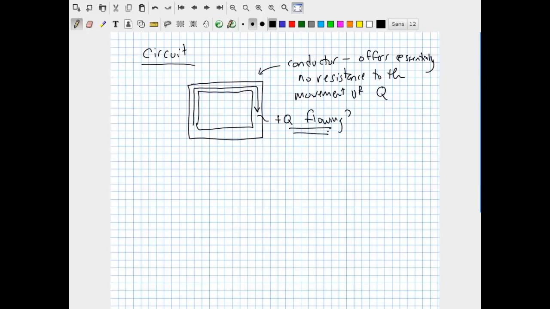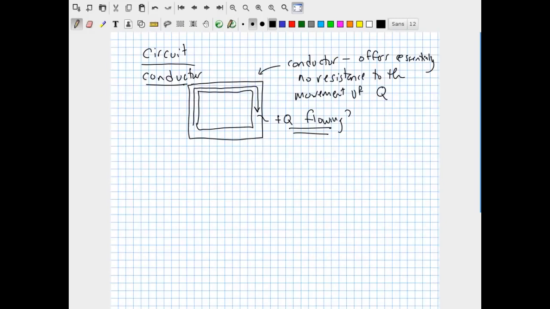So as we build up our toolkit for understanding electric circuits, the first essential piece is merely the conductor. The conductor is the piping that allows us to hook up different components and allow charge to move freely between the components.